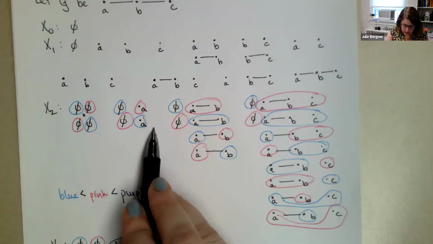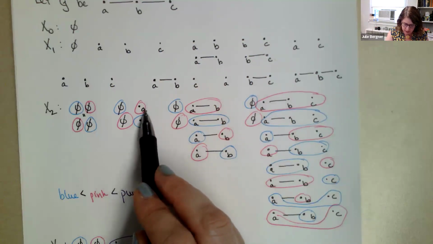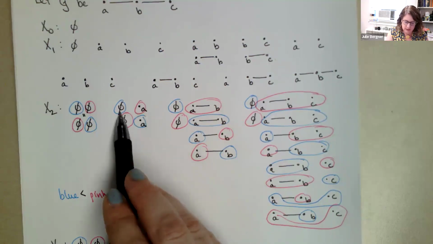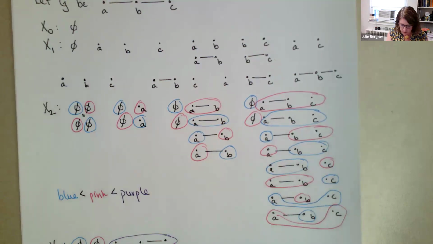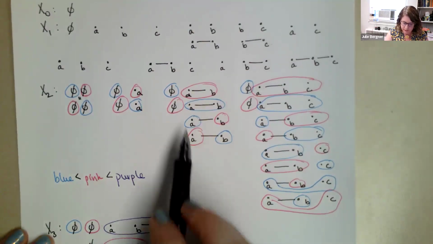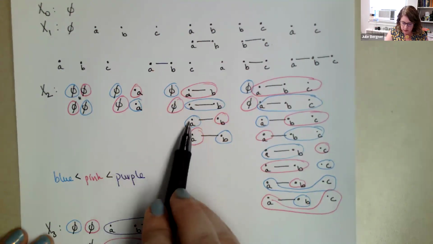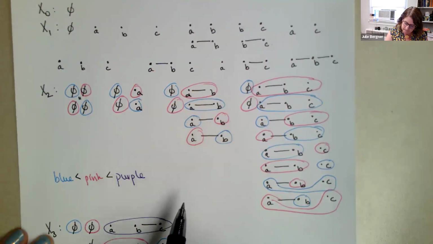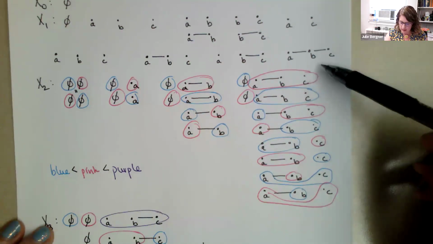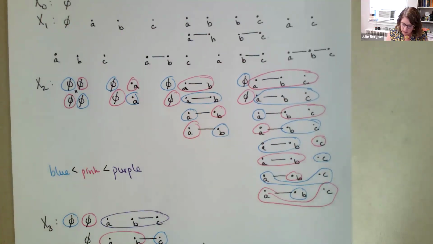If you have just a singleton, the only possible partition is to make one of the sets in the partition contain that vertex and the other one be empty. I have 2 choices. If I have 2 vertices in my subgraph, well, I can lump them together and then take the empty thing, or I can choose one vertex or the other. And then if I have something with 3 vertices, then I start having a lot of choices, and this is all of them.